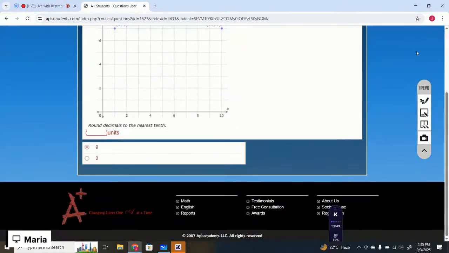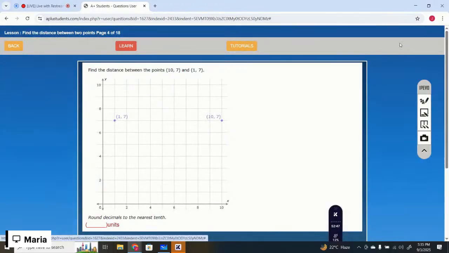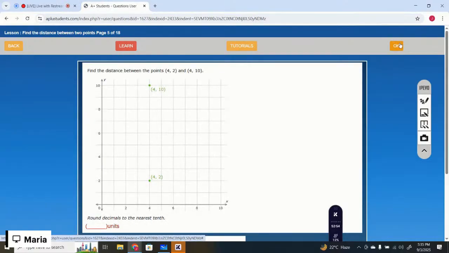That is 9. Option number 1 is the correct option. That is 8 units. The correct option is 8.